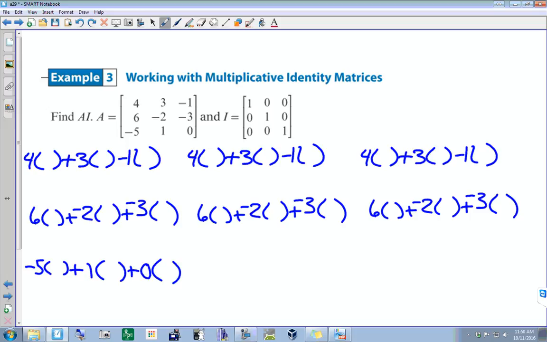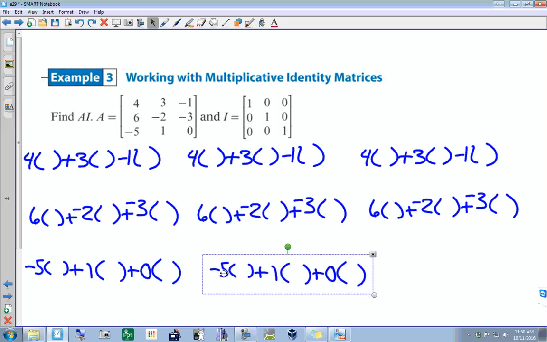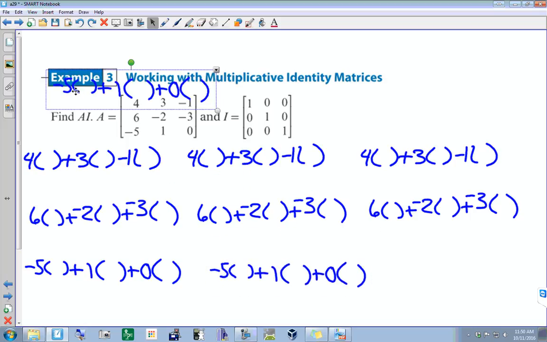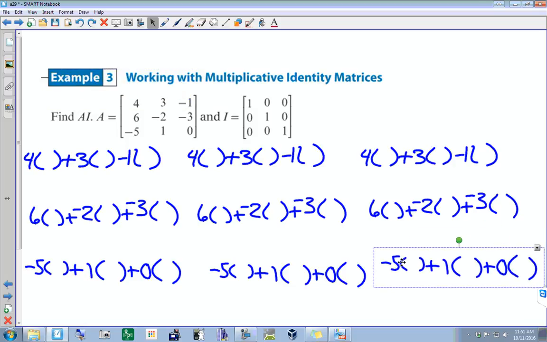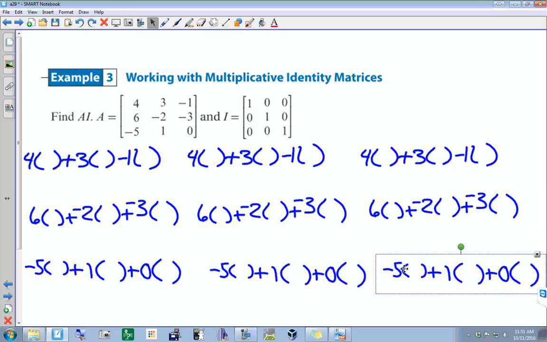I've got that set. So now I can just replicate that across. So now I've got to do the next bit.